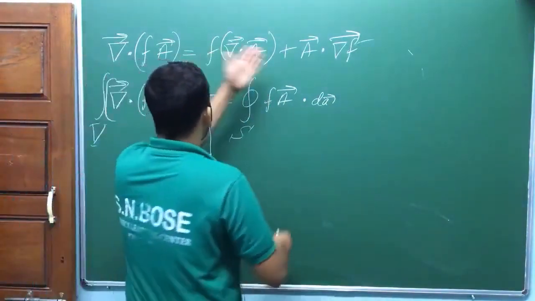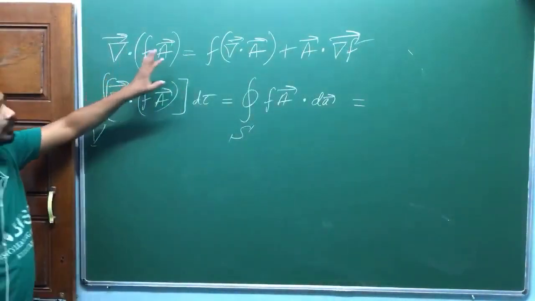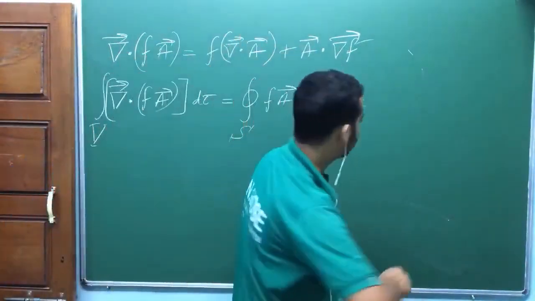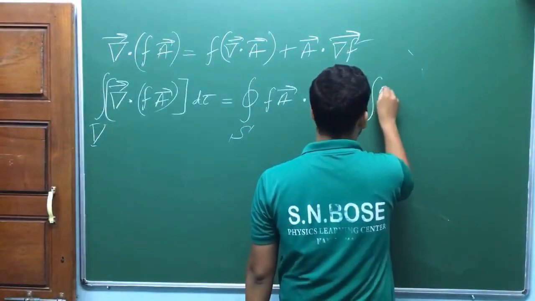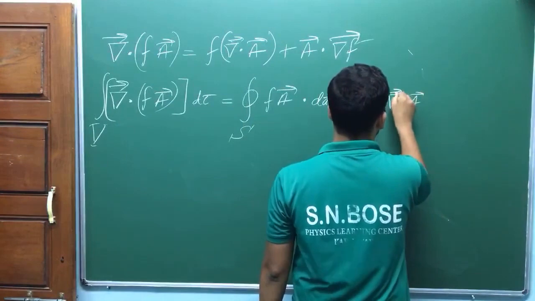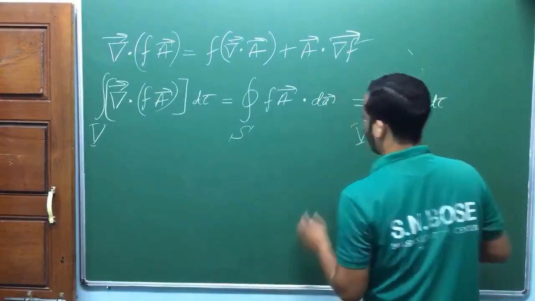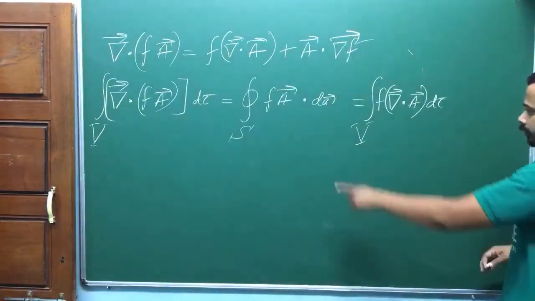And that can be written again as the volume integral of the scalar, which equals the volume integral of F del dot A d tau, over the same volume. I hope you know the relation between this volume and the surface I have written.